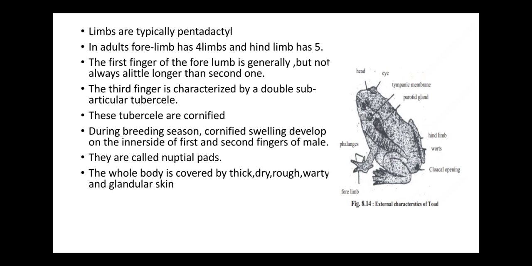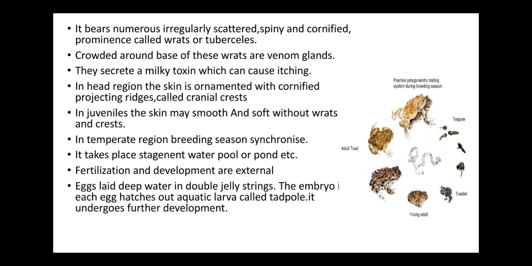The whole body is covered by thick, dry, rough, warty, and glandular skin. It bears numerous irregular, scattered, spiny, and cornified prominences called warts or tubercles.